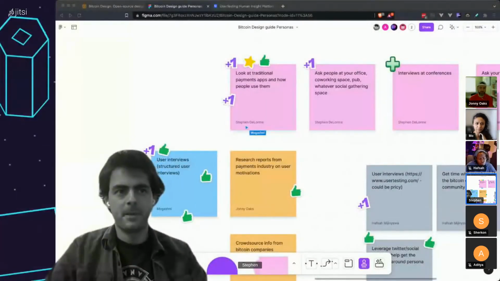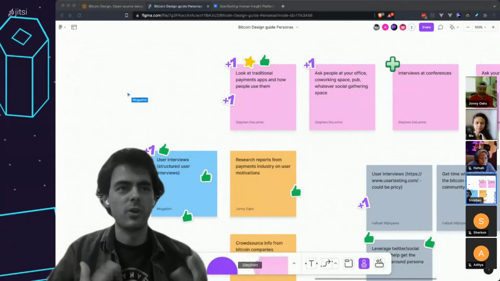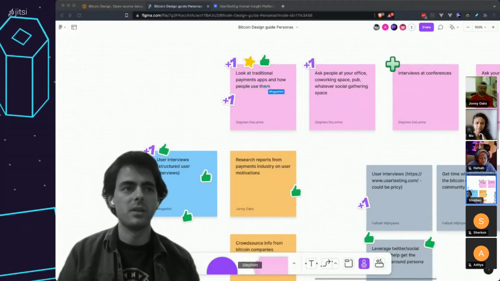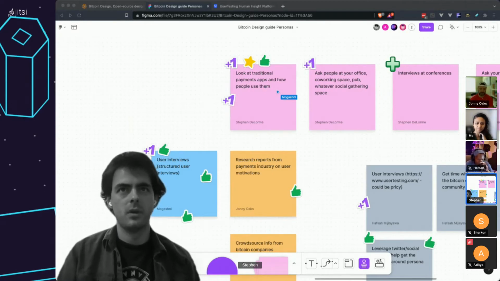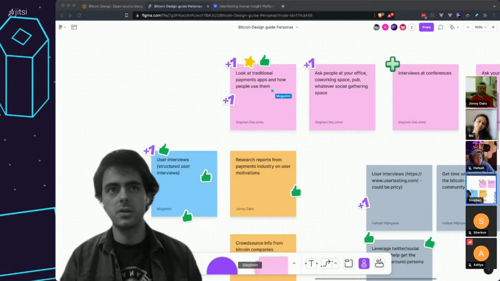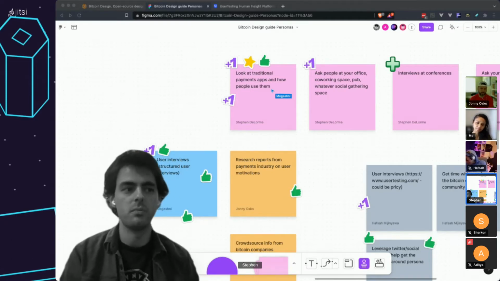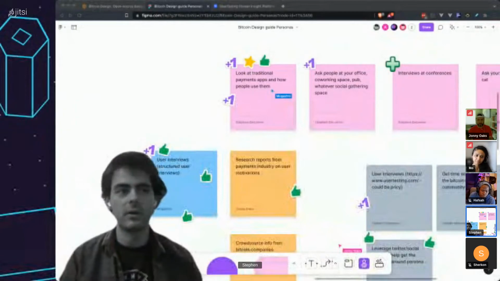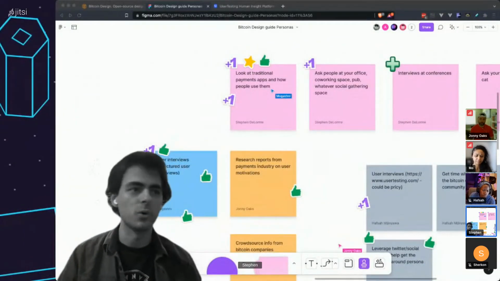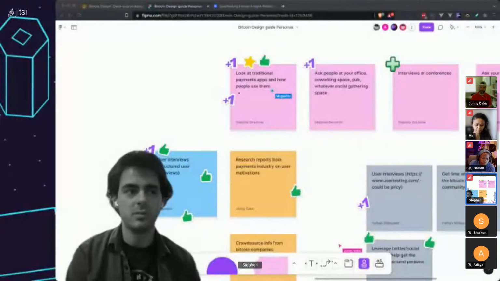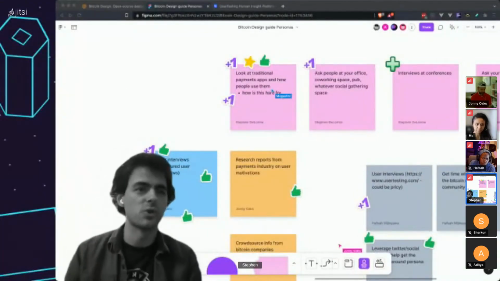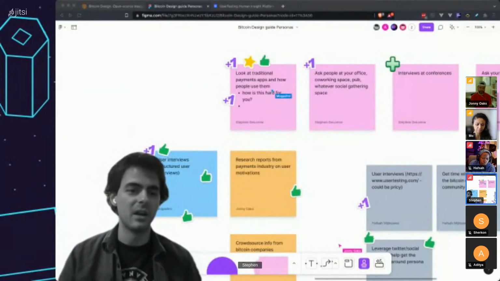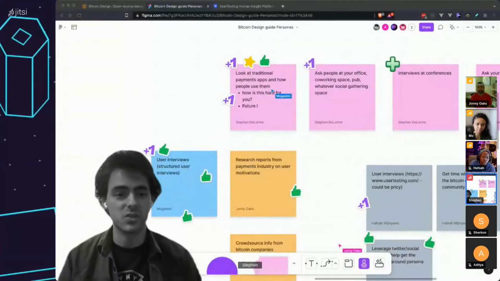And then we have another one: look at traditional payment apps and how people use them. Was this also one by you, Stephen? Yeah, it's not really a fully formed idea. It's more of a general notion that when I think about building these kinds of products, on the one hand it is good to look at existing Bitcoin wallets and analyze how this is hard for you, how it did not meet your needs. Also, to be a little forward looking, thinking about what kind of problem we really want this to solve for somebody someday.